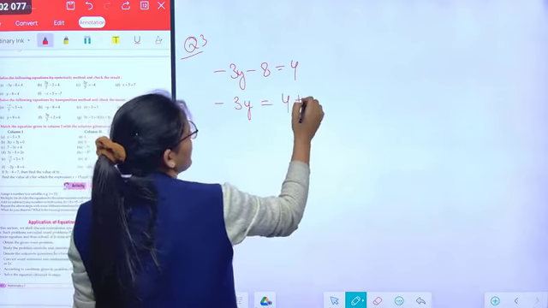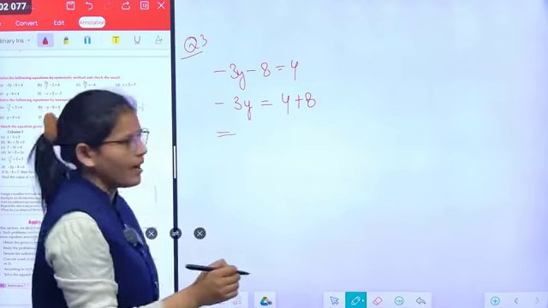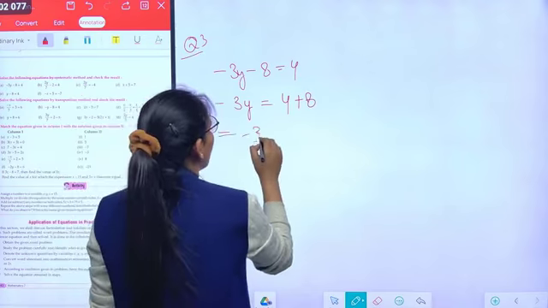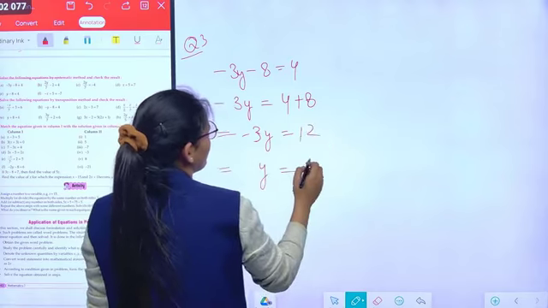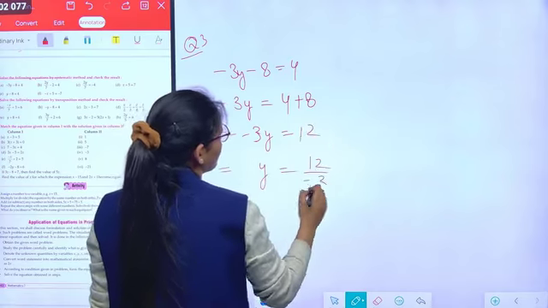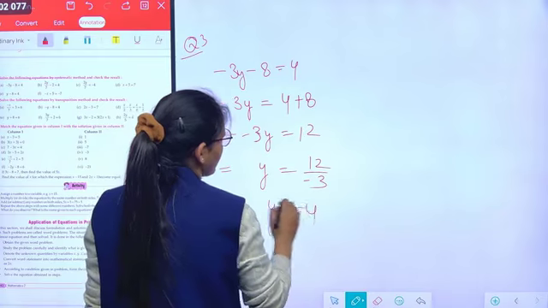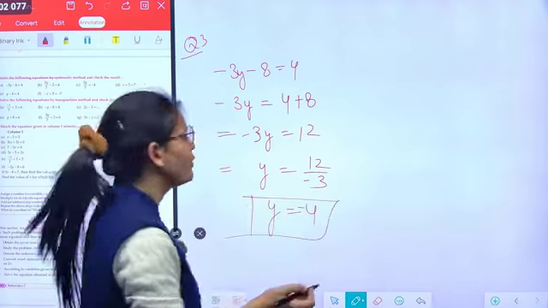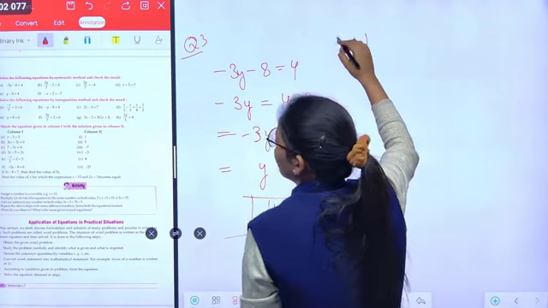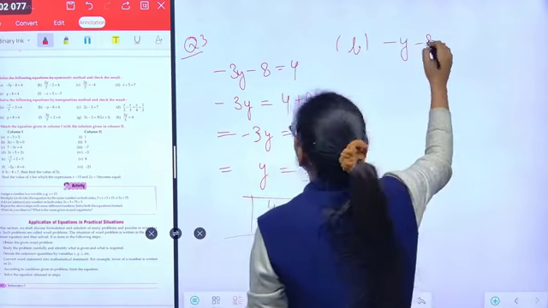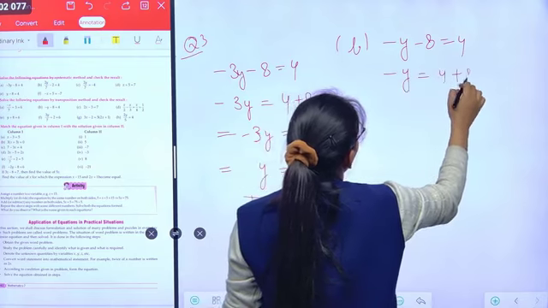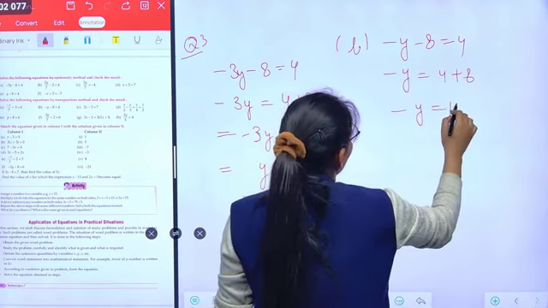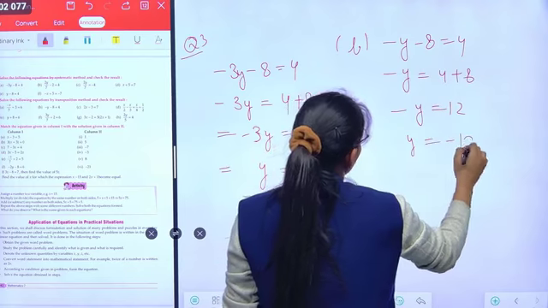Here class, what will happen? It will become plus. So minus 3y is equal to 12, plus y is equal to 12 minus 3, so y is equal to 4 minus, because 3 4s are 12. Now see the B part: minus y minus 8 is equal to 4, minus y is equal to 4 plus 8, minus y is equal to 12, so y is equal to minus 12.